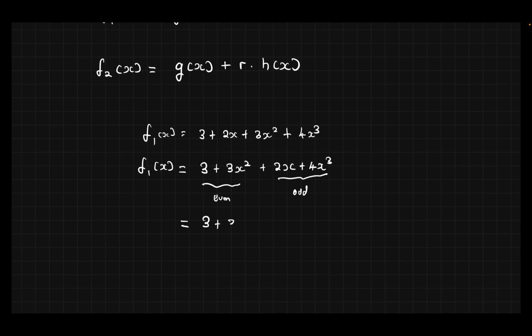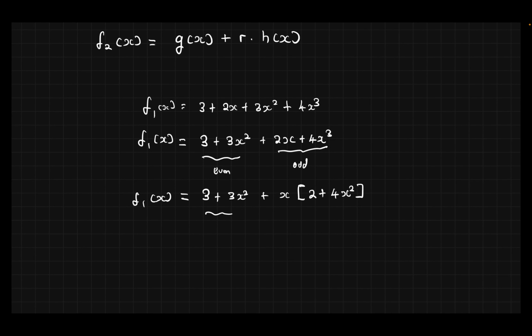So that will be 3 plus 3x squared plus x into 2 plus 4x squared. This is still our f1 of x. Now we're going to call this part g of x squared, and this part h of x squared. So f1 of x is equal to g of x squared plus x times h of x squared.